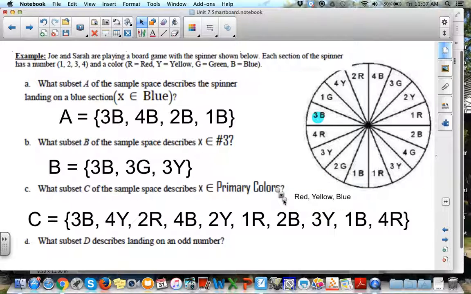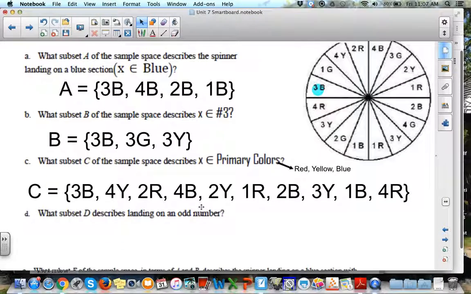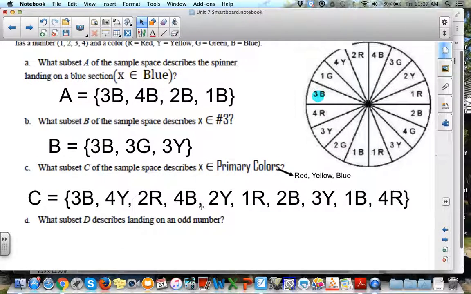So this isn't really hard. You just have to make sure you know what you're looking for, what this element means. Okay, D, we're going to look at what subset describes landing on an odd number. Well, we know our odd numbers: 1, 3, 5, 7. But on this spinner, it's just going to be 1 and 3. So we just care about 1s and 3s.